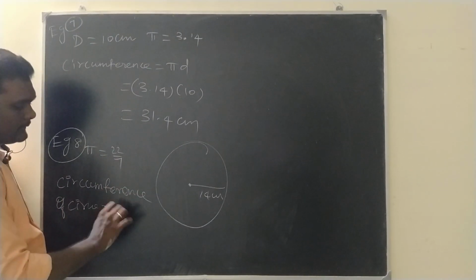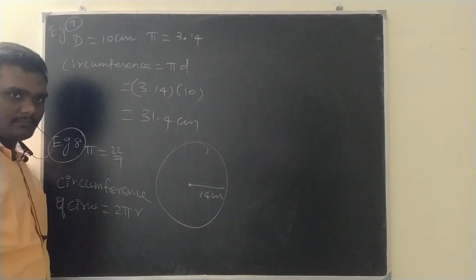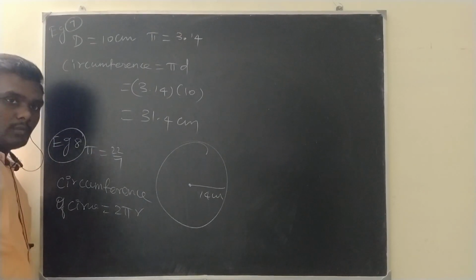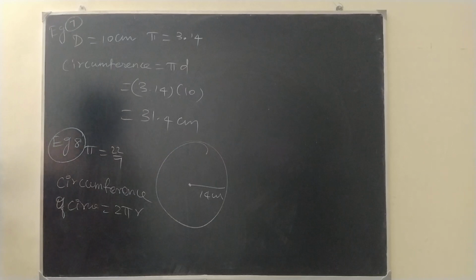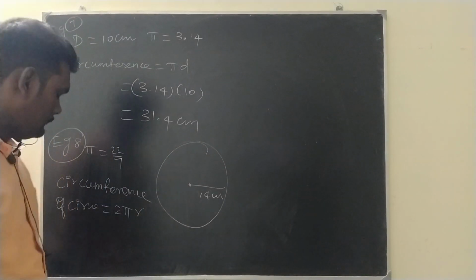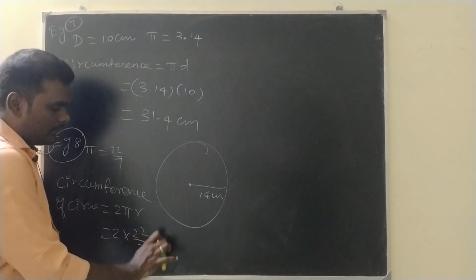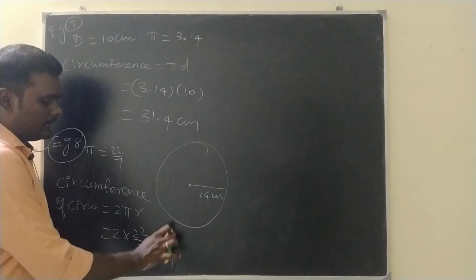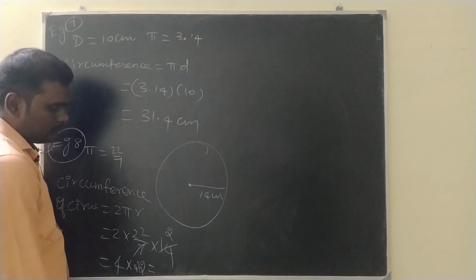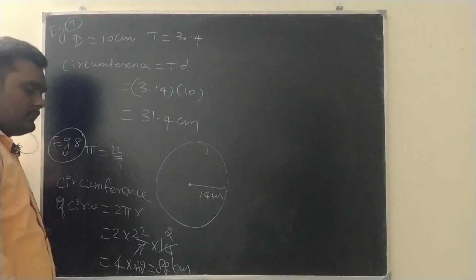Circumference of a circle is 2 pi r. Radius is given, not diameter. So 2 times 22/7 into 14. We simplify this: 4 times 22, which is 88 centimeter.